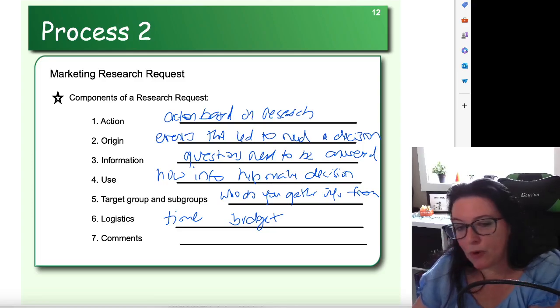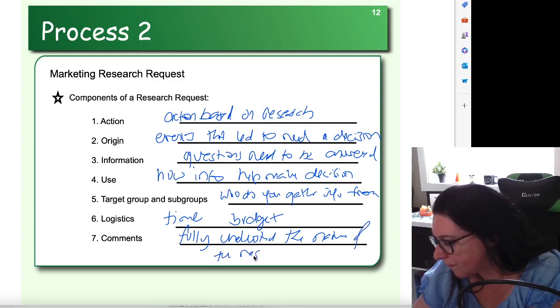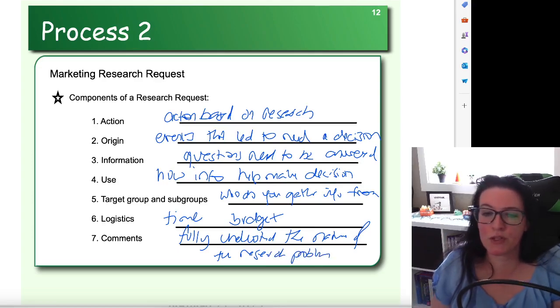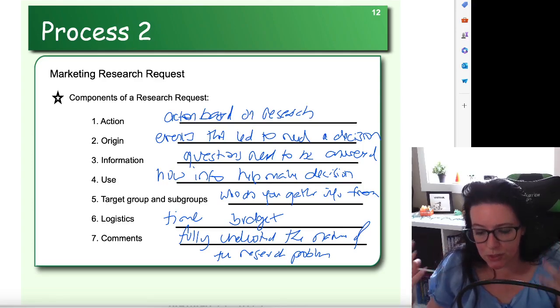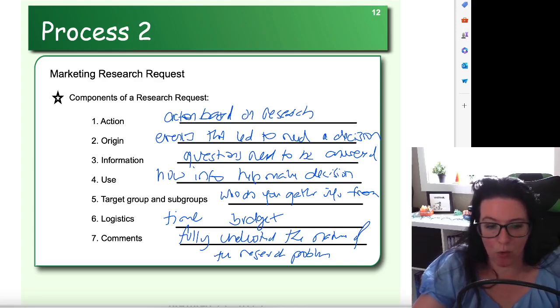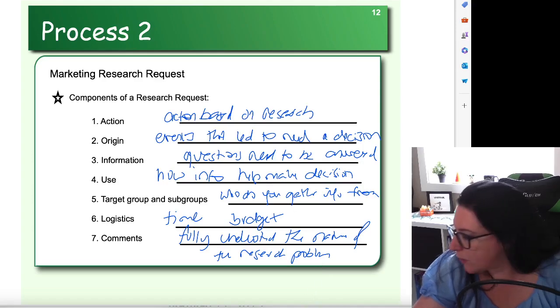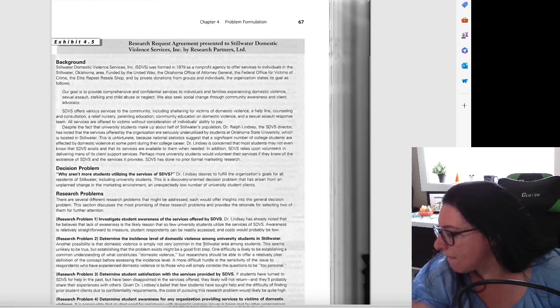This is to help people fully understand the nature of the research problem, with any additional information about how the research is going to work, and how it's going to help solve problems or create opportunities for the organization.